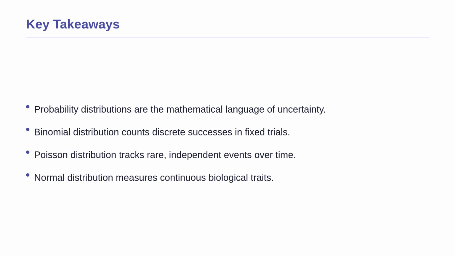The Poisson distribution steps in when you need to track rare, independent events over time or space. Finally, the normal distribution is the essential bell curve for measuring continuous biological traits. By mastering these concepts, you now have the foundation to look at any set of biological data and understand the hidden rules governing its behavior.